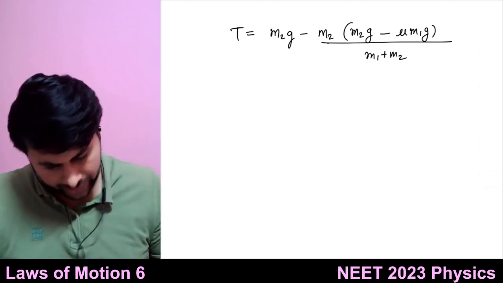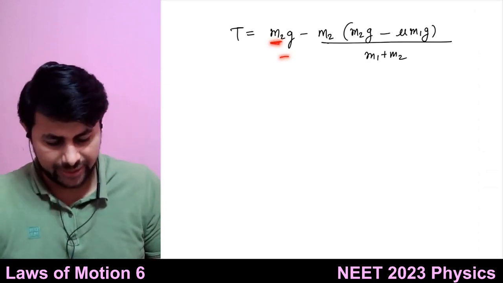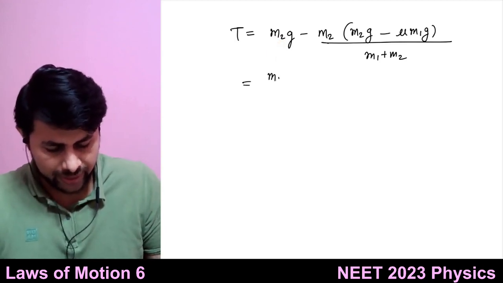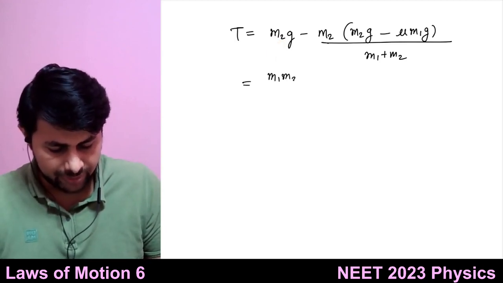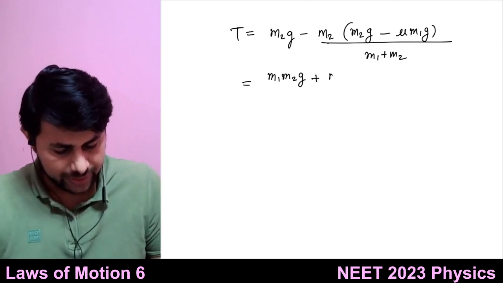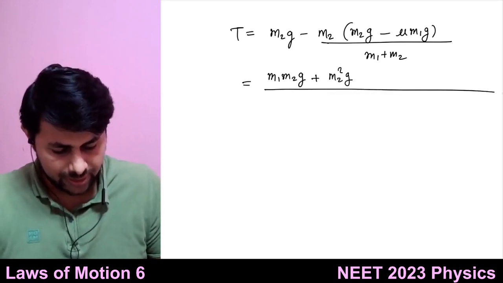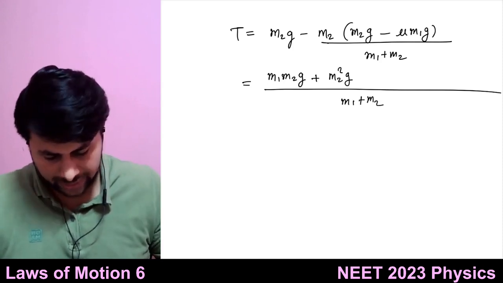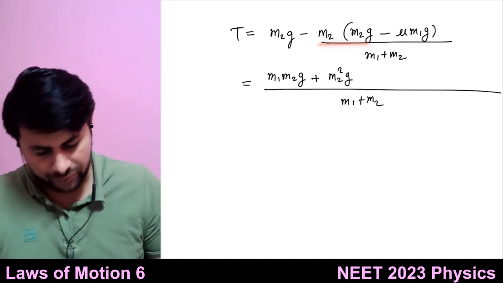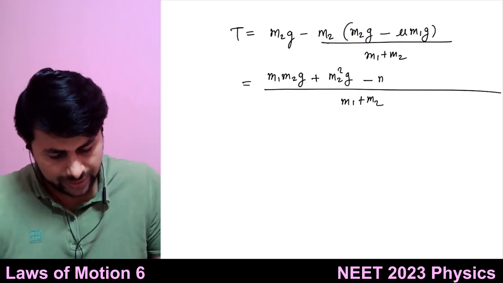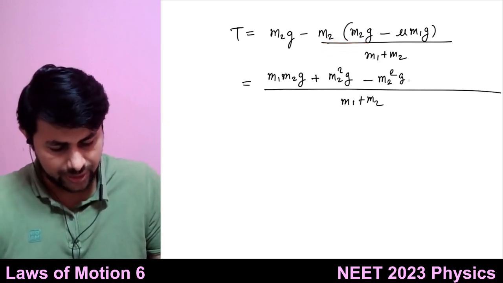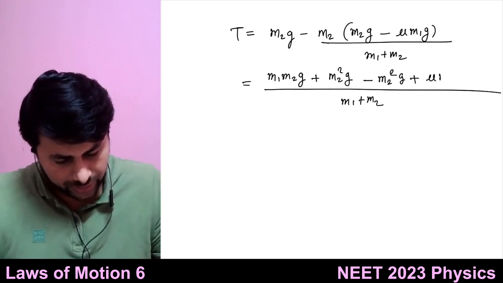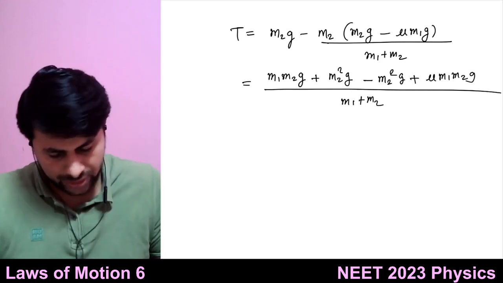Okay, so let's multiply and divide this term with m1 plus m2. So it is m1 m2 times g plus m2 square times g, everything divided by m1 plus m2, and let's multiply this one with m2. So minus m2 square g, and this minus minus becomes plus, so it is mu m1 m2 g.